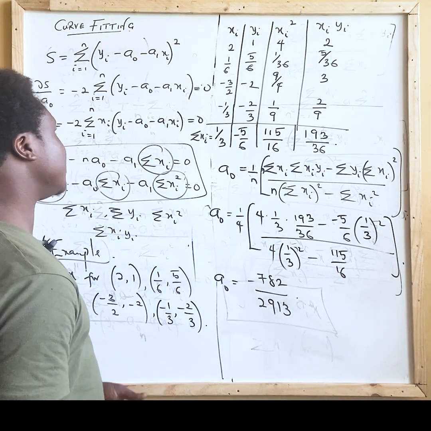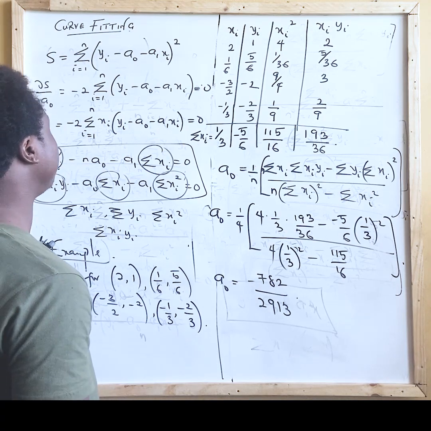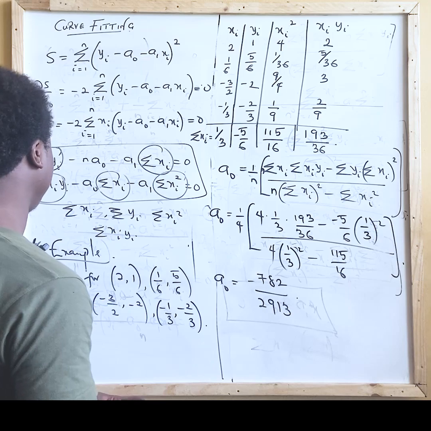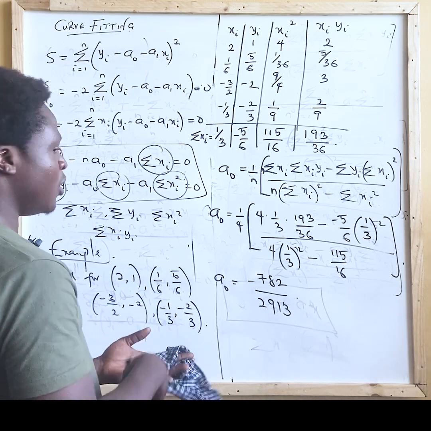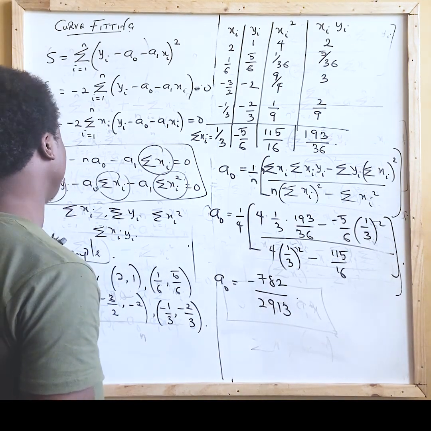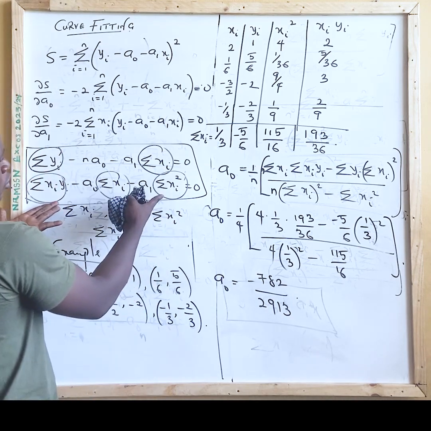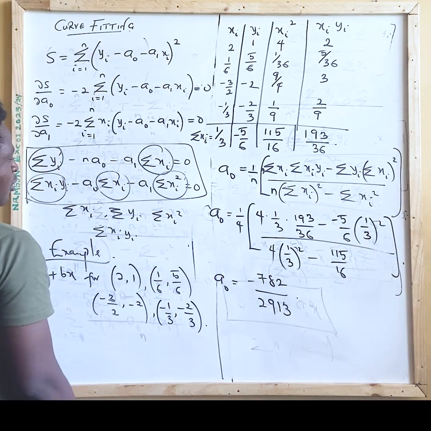Because we are still going to do the same thing again for a polynomial of degree 2, it means that we need not know the formula for a naught, a1, and a2 in that one also. So it makes no sense. If you can just easily know this formula, then you can solve for a naught and a1 here.